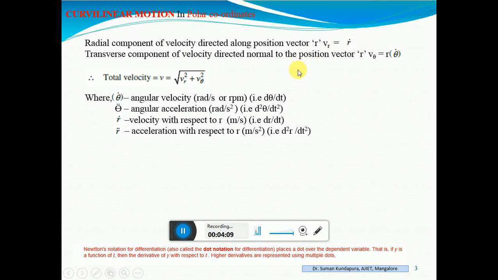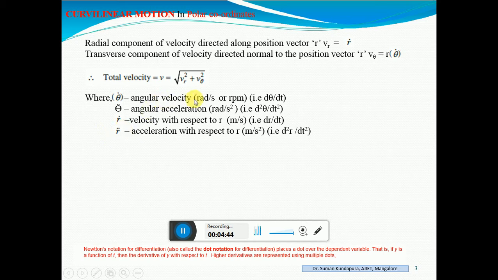So r dot is dr by dt, represented in meter per second. And r double dot is the acceleration with respect to r, that is d squared r by dt squared.